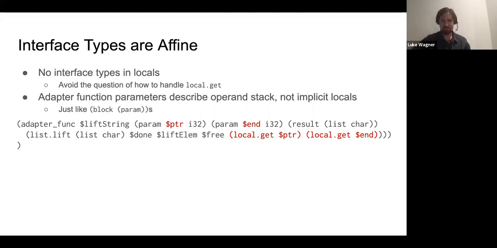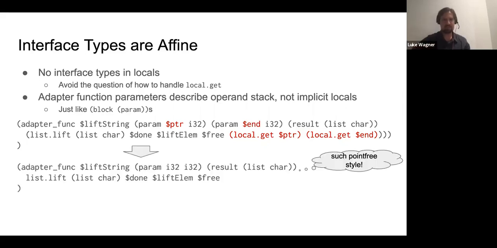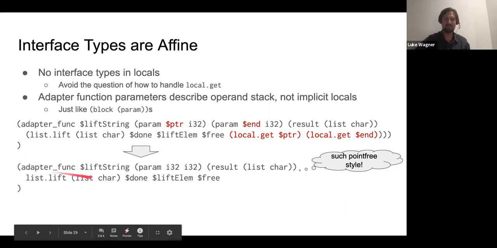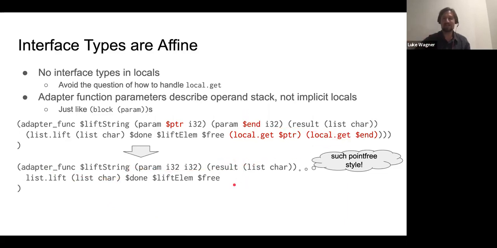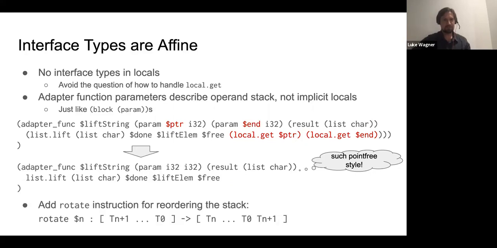Previously I wrote this with the parameters as locals, so I would local.get them. That turns into this, where the parameters are on the stack. And because list.lift just wanted them on the stack, I didn't have to write local.get. They were already on the stack. So it's kind of silly, like a point-free style. Yeah, so that's the rules.